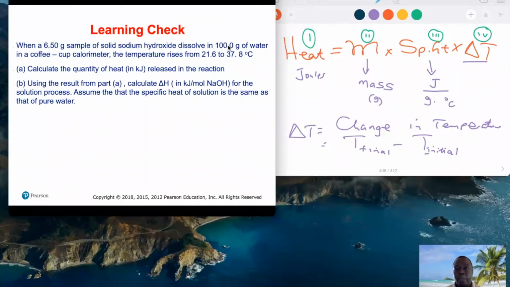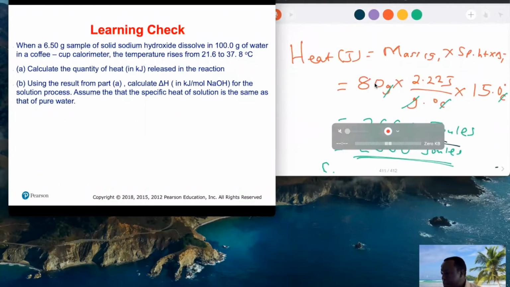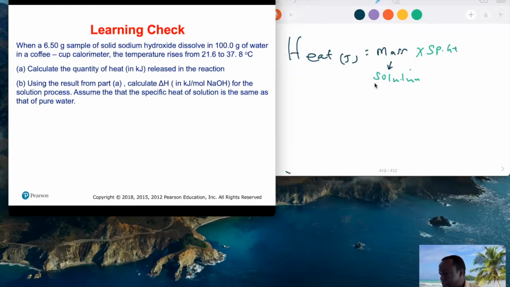And the solvent to get the mass of the solution. So for this problem, you will use this: heat of reaction in joules is given by the mass, in this case of solution, times specific heat, times what?